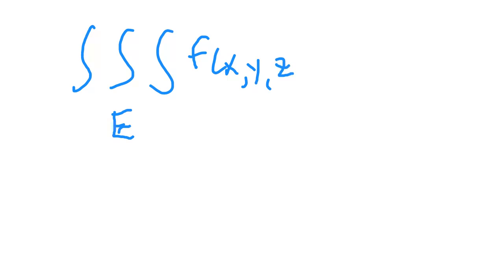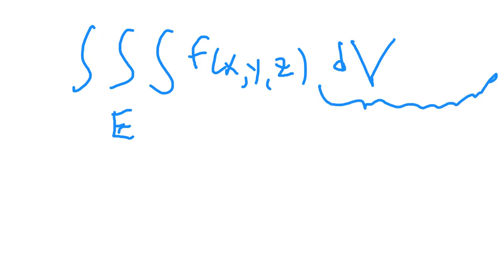Okay, so you have a triple integral over some solid E of some function of x, y, z, and then you have dV. dV is a unit of volume. Now, you can have dz, dy, dx.